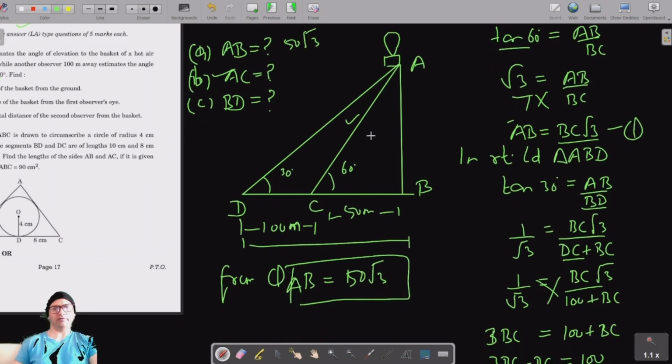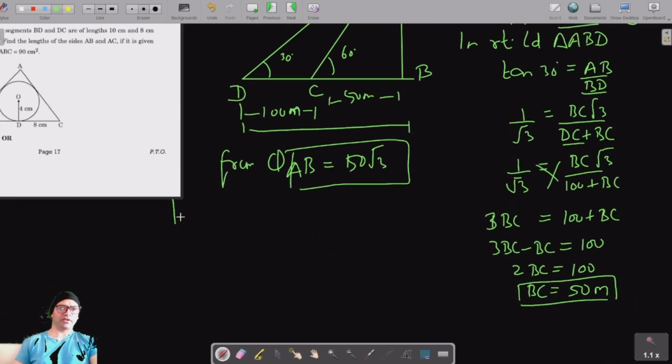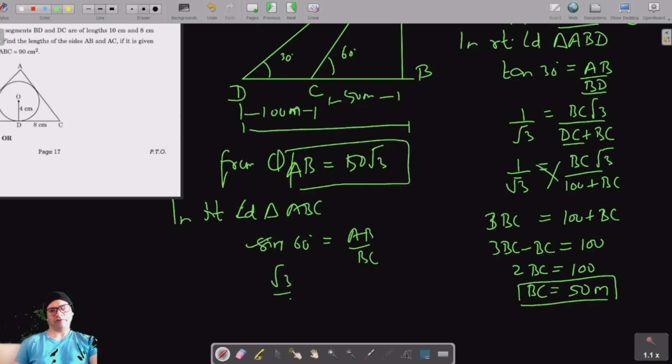Now let's find out AC. AB is 50 root 3, and we have to find AC, so we can use the sine ratio. In right angled triangle ABC, sine 60 is root 3 by 2.